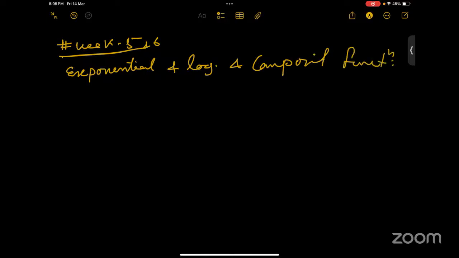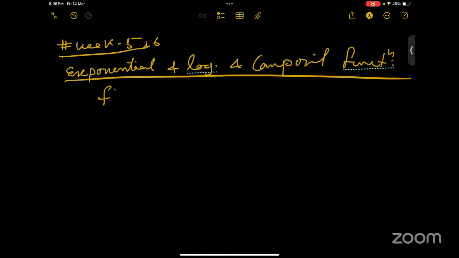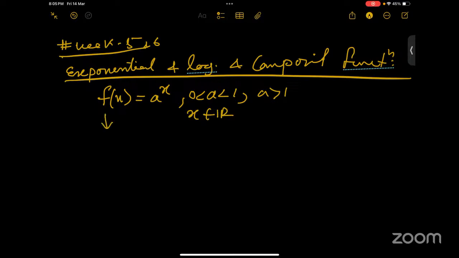So, what was our exponential function? The definition of exponential function was f(x) equals a to the power x, where a was either in this range or in this range, right? And x belongs to R. These are our exponential functions.